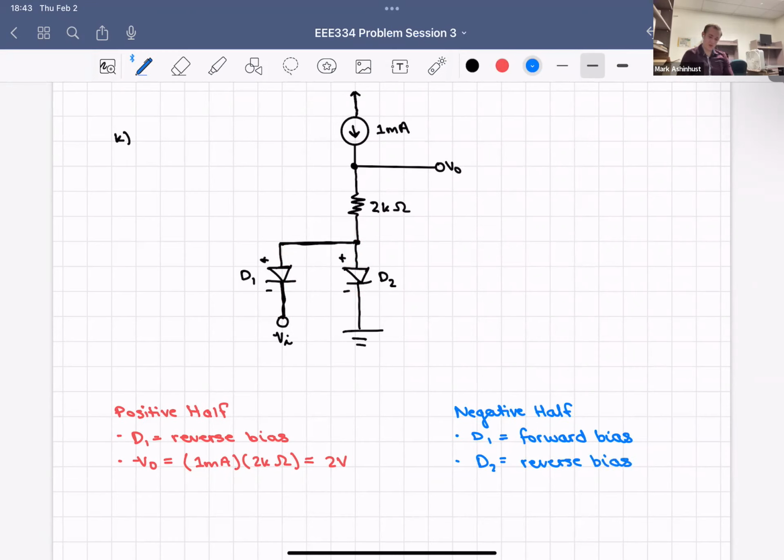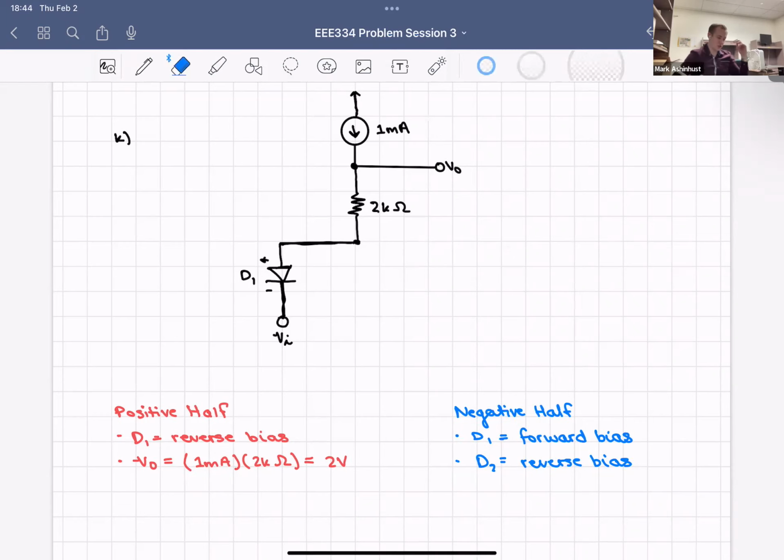So what we have now is a V input. Let's make this easier to look at. So this is what we're looking at now. We want to know the voltage across that 2 kilo ohm resistor, which would be 2 volts. But we also have a negative 5 volts coming in right here.